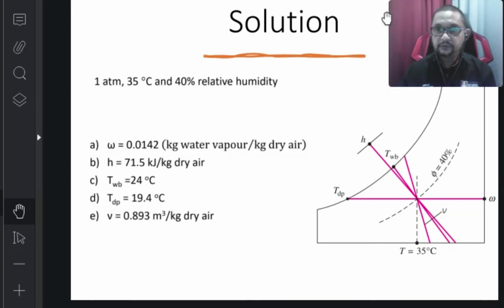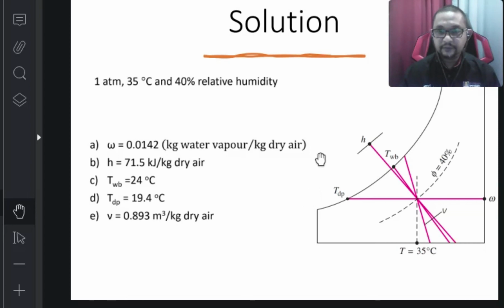When you look at the properties on the psychrometric chart, the specific humidity is determined by drawing a horizontal line from the specific state to the right until it intersects with the omega axis.